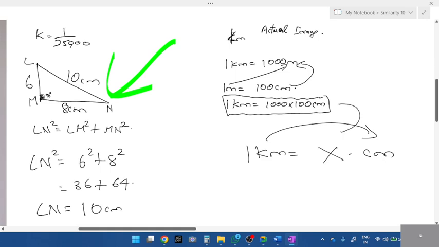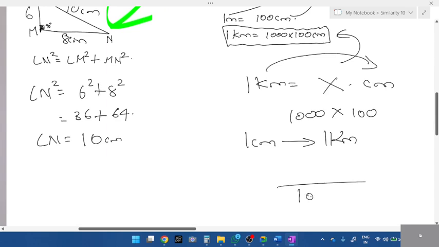Multiply by how much, students? 1000 into 100. From smaller, if you want to convert from centimeter to kilometer, you have to divide by 1000 into 100. Remember this concept. From centimeter to kilometer, divide it.